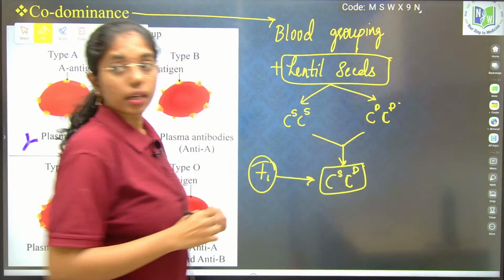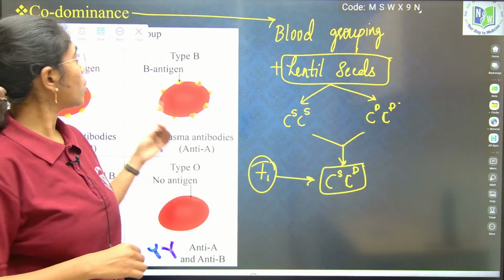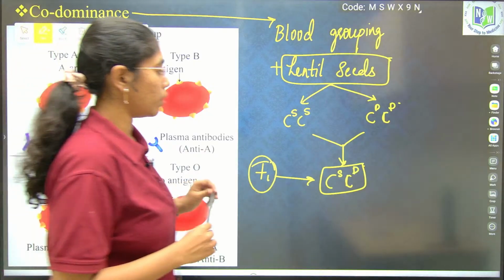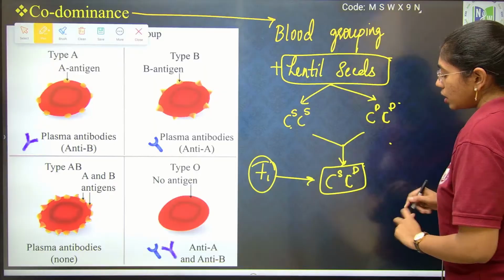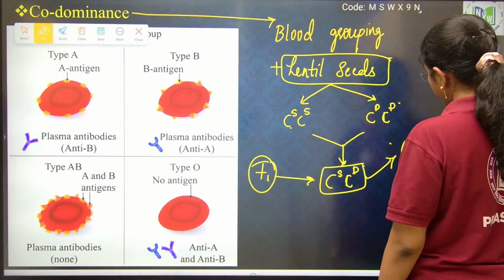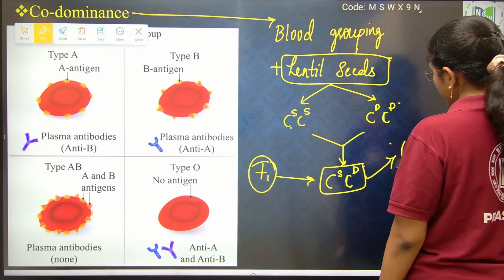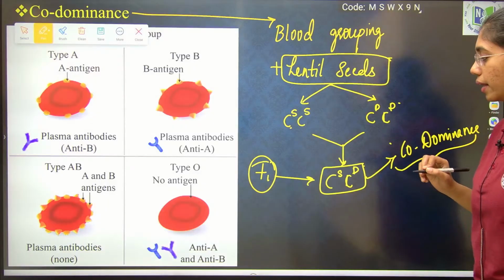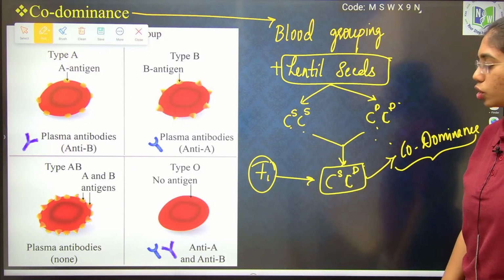Fine, right? So these spotted and dotted seeds are again showing the phenomenon of what? Spotted and dotted seeds, when both are expressed, this is again showing the codominance concept. Like spotted and dotted, both the phenotypes are expressed in F1 generation.